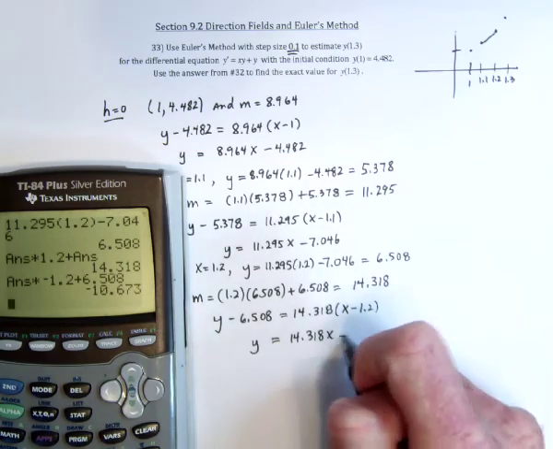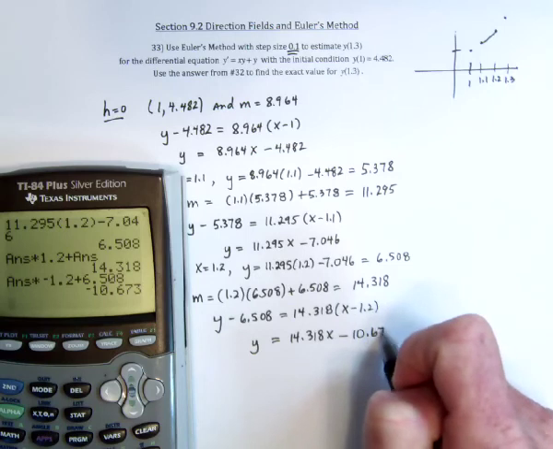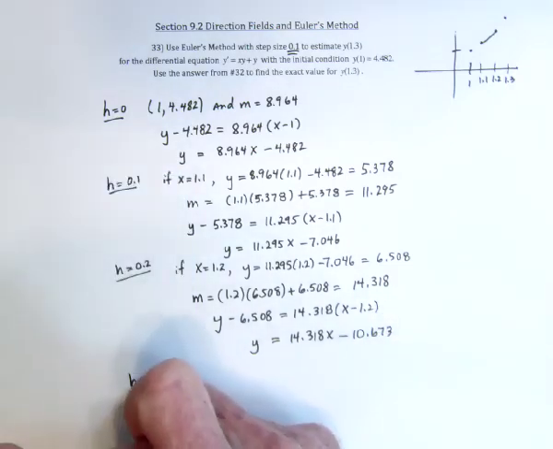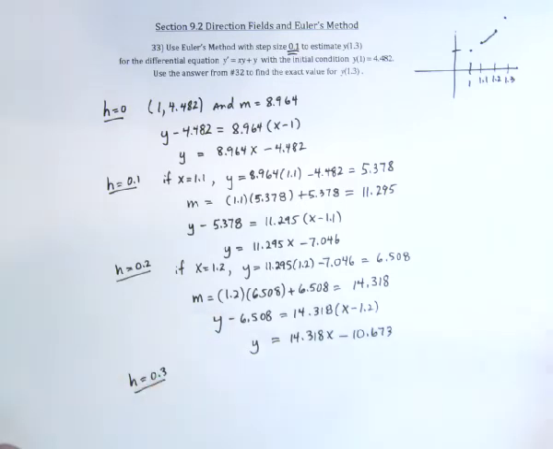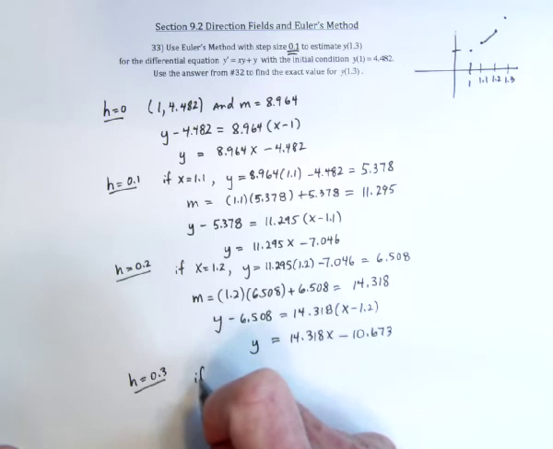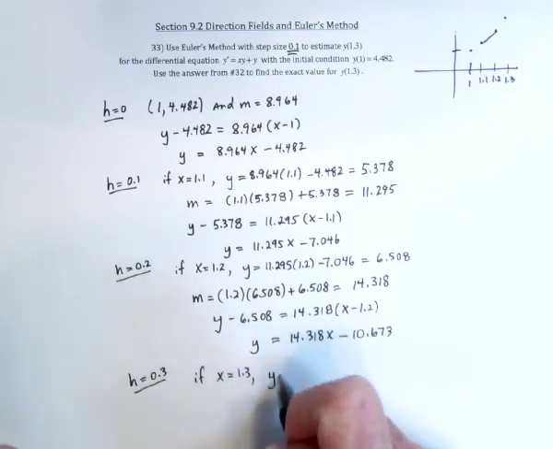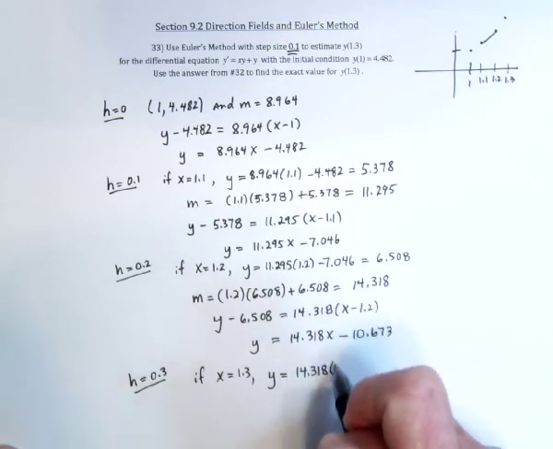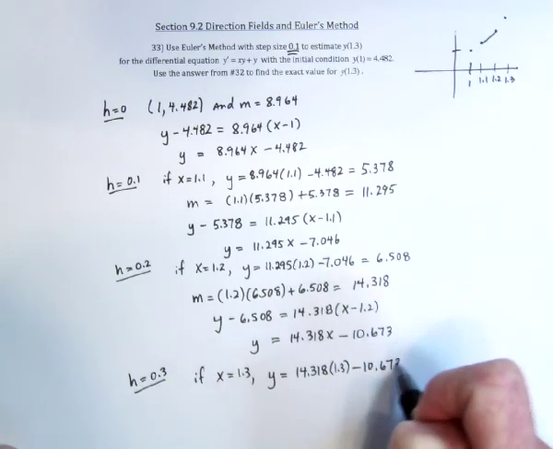So our last line segment has a b value of 10.673. And then finally, all you have to do is plug in, so move over by one more tenth, and if x is equal to 1.3, y is equal to 14.318 times 1.3 minus 10.673.